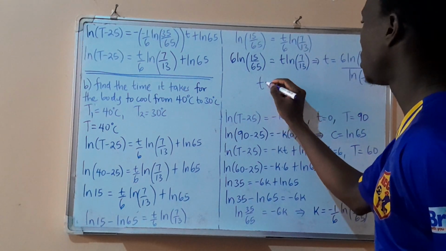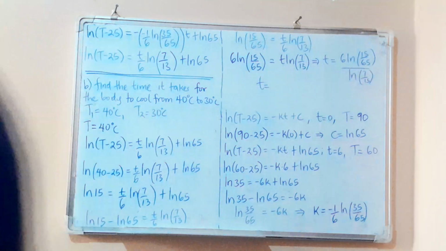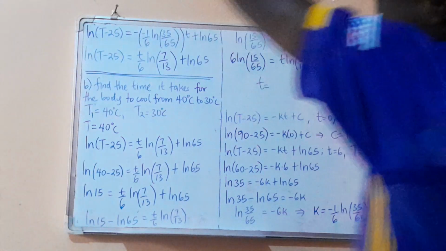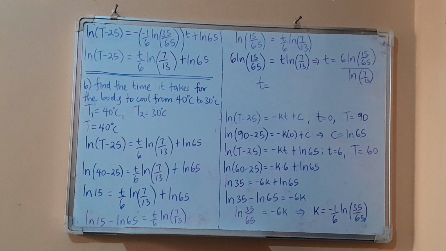So T is equal to what? We shall have 6 log 15 divided by 65, and this divided by log 7 divided by 13.